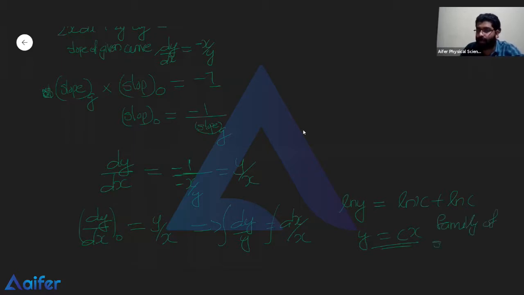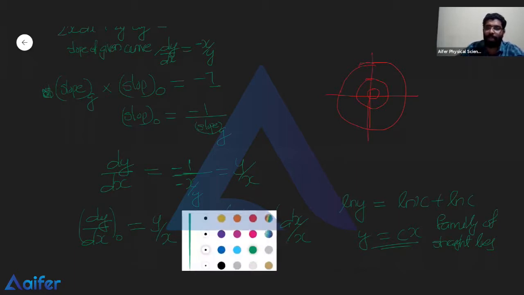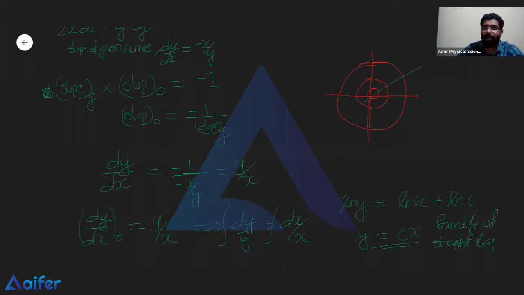So our conclusion is this: if you have a family of circles whose center is at the origin, the orthogonal family corresponding to these circles are straight lines.